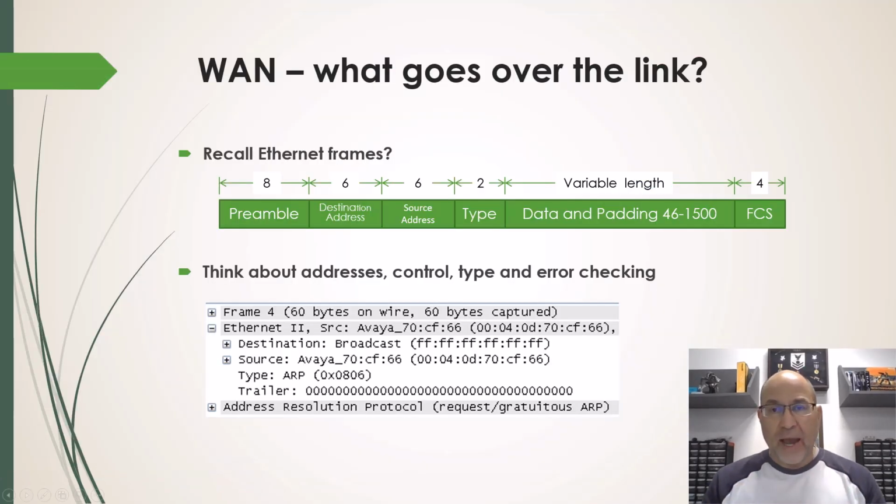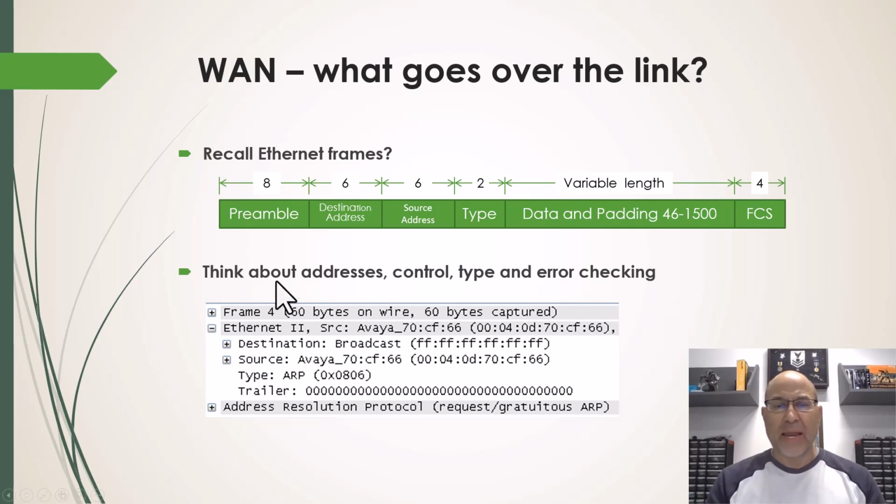So before we dive into what might be going over that link, let's remember our Ethernet frames. In an Ethernet frame, we have the preamble, the destination, and the source MAC addresses. We have a type, and then we have our data that we're carrying, and then some kind of error control here. So we have to build a frame that is all about this error control, getting addresses, and figuring out what we're carrying, that is the type.